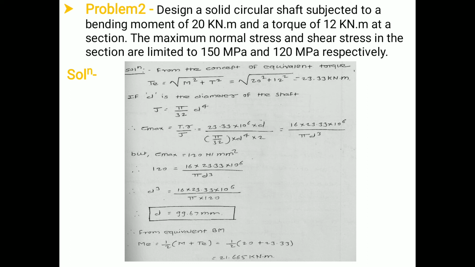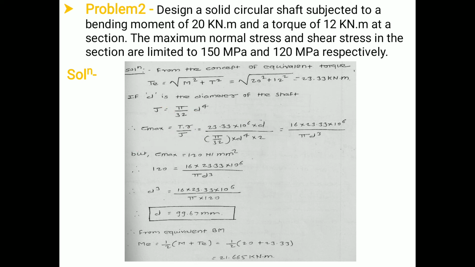By using the torsional formula, or the equivalent torque formula, we have tau maximum is equal to, remember, don't consider it as T, it is Te into r, because in the numerical the value of maximum shear stress is given.